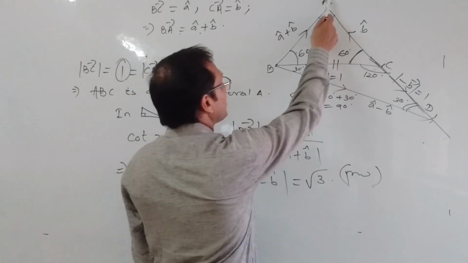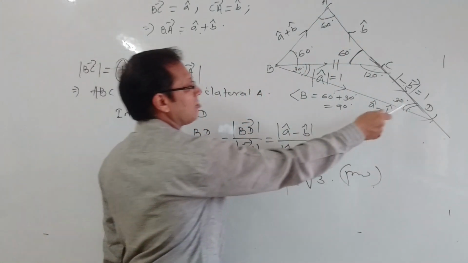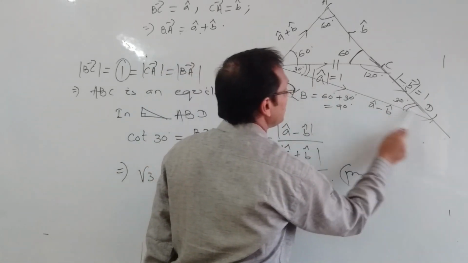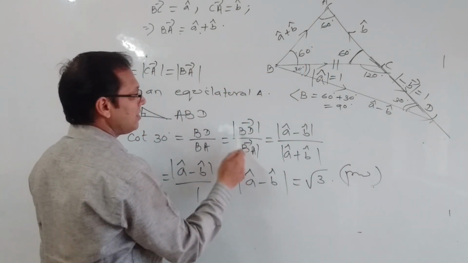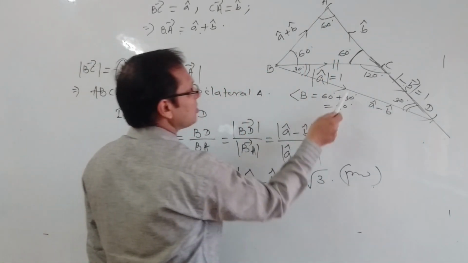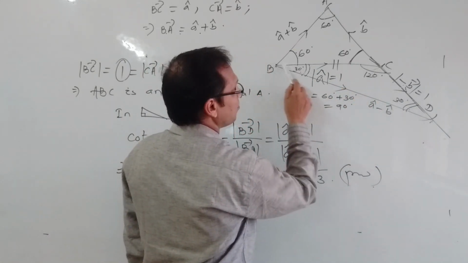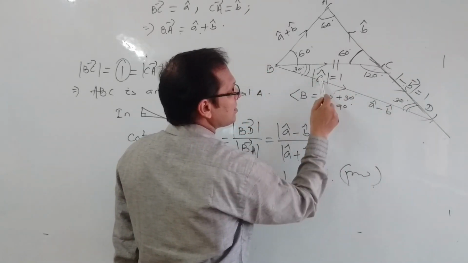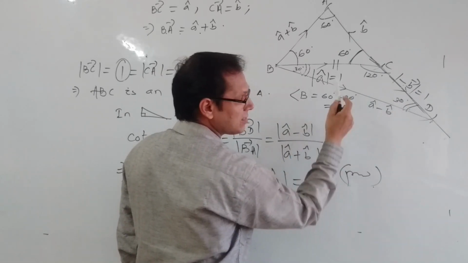Okay. So in right angle triangle ABD, what will we get? Cot 30 is equal to B by P, that is BD by BA, BD magnitude by BA magnitude. BD magnitude is nothing but this plus this is equal to this. BC vector plus CD vector is equal to BD vector. So BC vector is A cap plus minus B cap. What is that? A cap minus B cap.